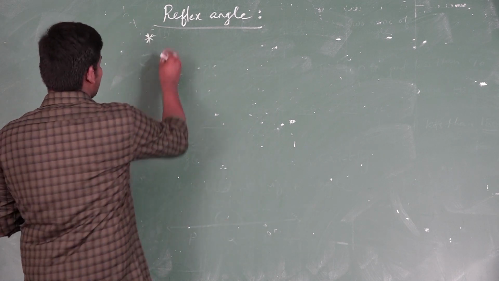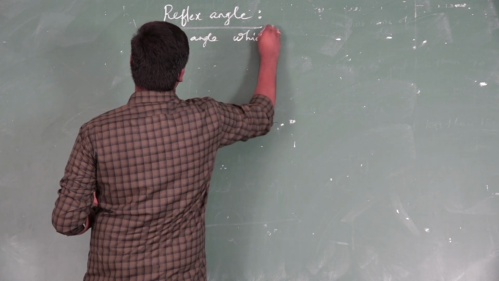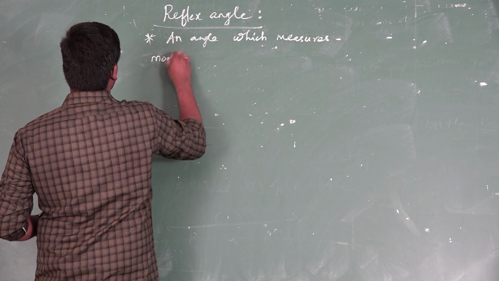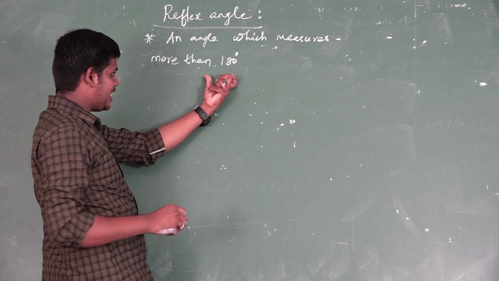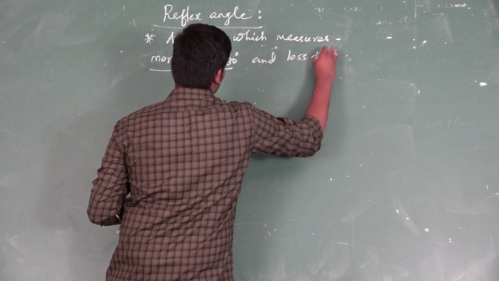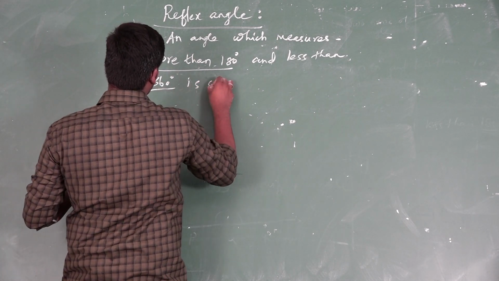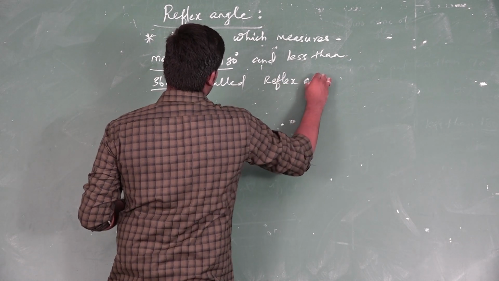An angle which measures more than 180 degree and less than 360 degree is called reflex angle.